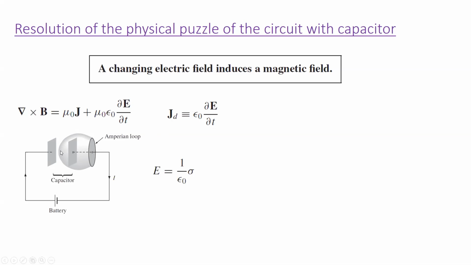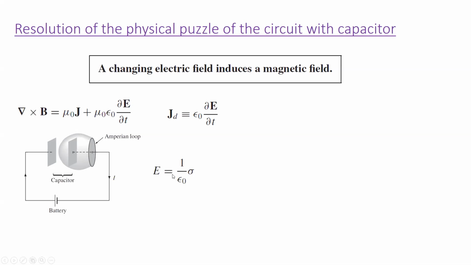And so we get a displacement current, or a change in the electric flux, in between the plates. And that's enough to give us this circulation of magnetic field around, because the displacement current can act just like a real current in producing curl of B or circulation of B around this loop.